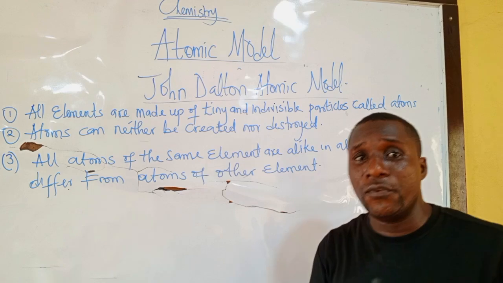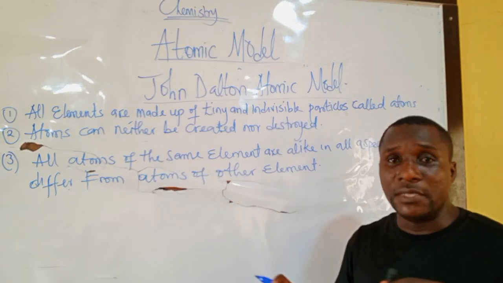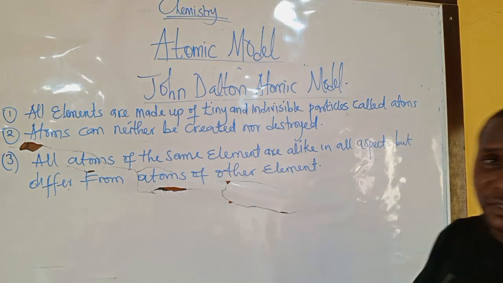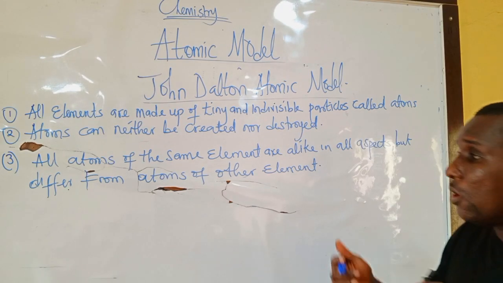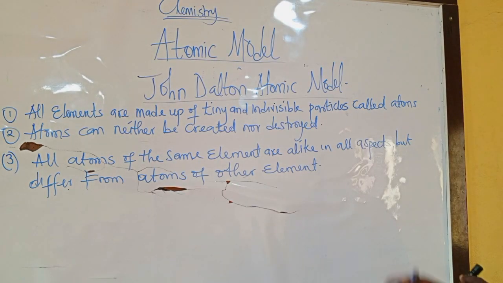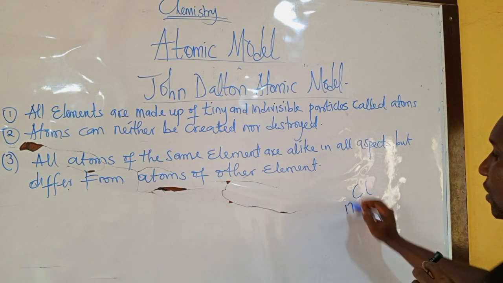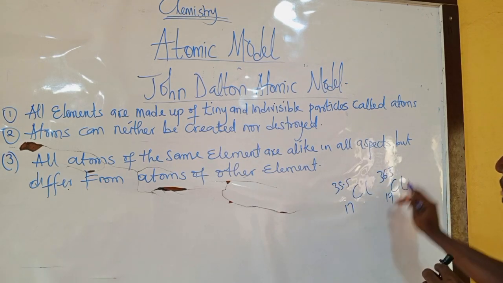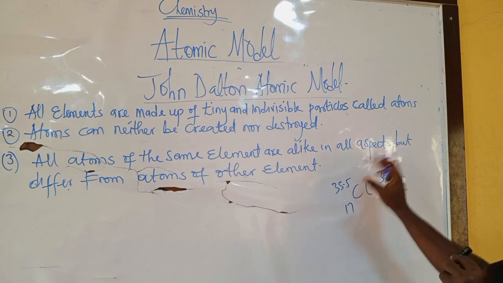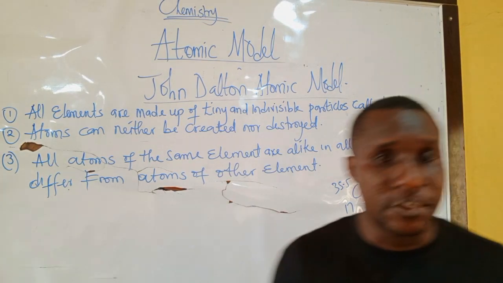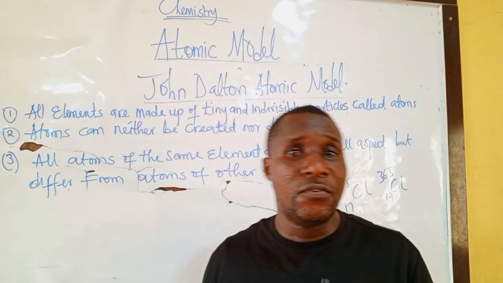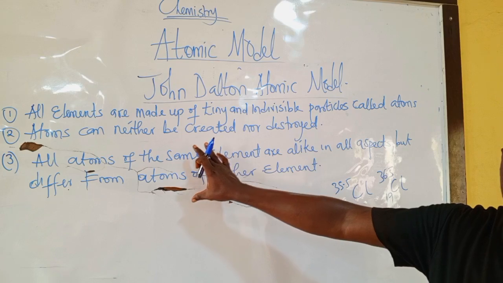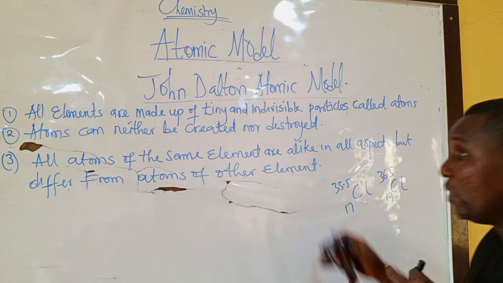The atoms of the same element are alike in all aspects, but differ from atoms of other elements. For example, when you have chlorine 35.5, chlorine 36.5, atoms of the same element are alike in all aspects, but differ from atoms of other elements. But the discovery of isotopes proved this wrong.